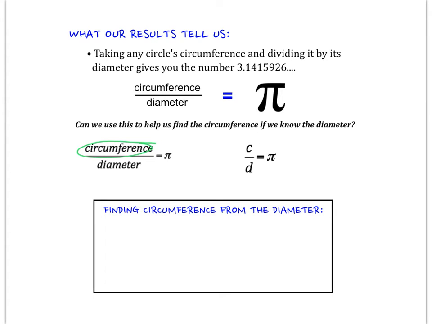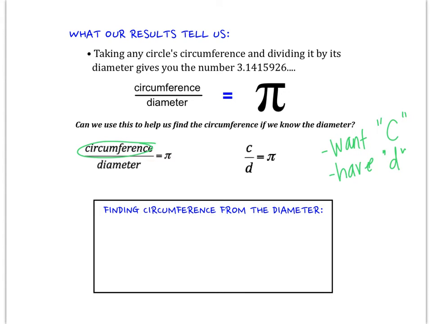Diameter is pretty easy to have on a circle because it's the distance from end to end through the center. Let's say that I want the circumference, we're going to call that C, and let's say that I have the diameter, and that's going to be the letter D. I'm going to shorten these each to a letter.